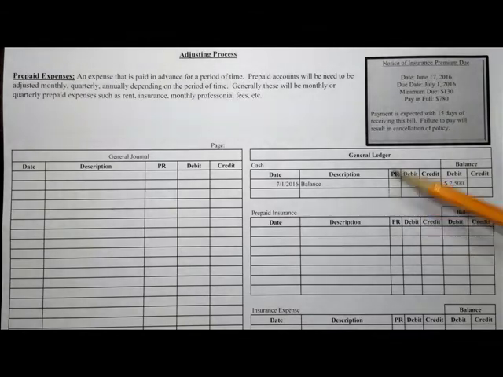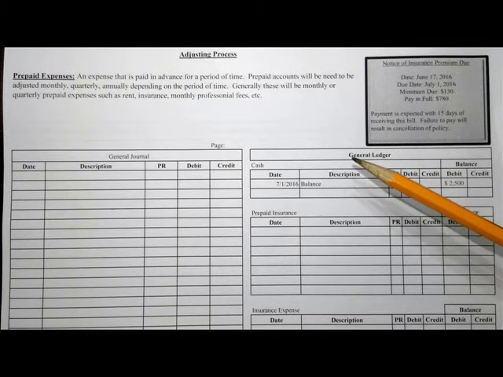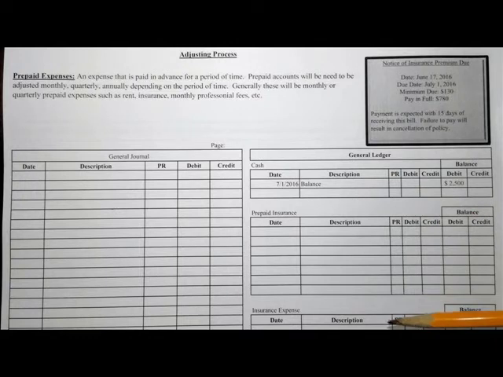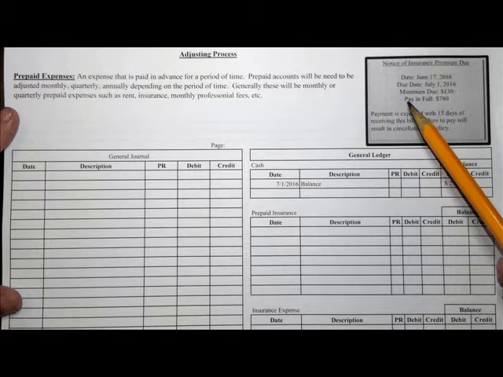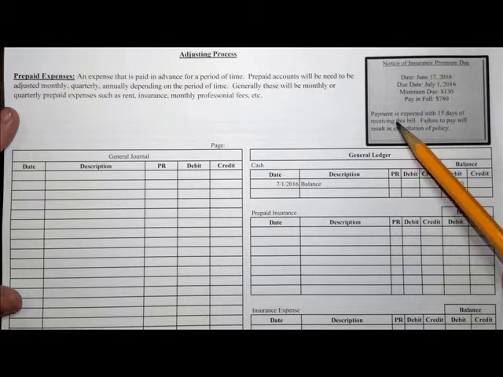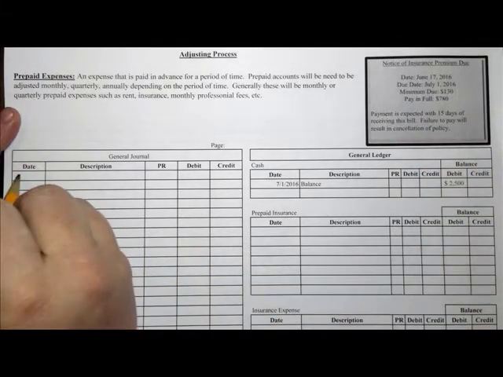Alright, so what we're going to do first is record the payment of the prepaid expense, and then I'm going to show you the adjusting entries and how everything applies to the general ledgers. So on July 1st, we're going to record the payment of $780.